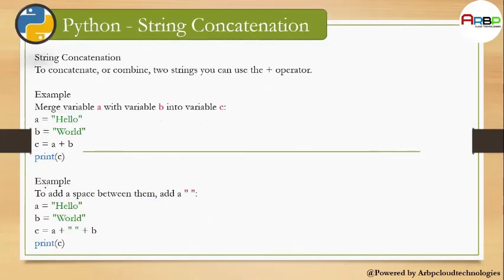Now we have string concatenation. To concatenate or combine two strings, we can use the plus operator. This plus operator we can use to concatenate or add strings. Let me define a variable a, which is equal to ARBP.